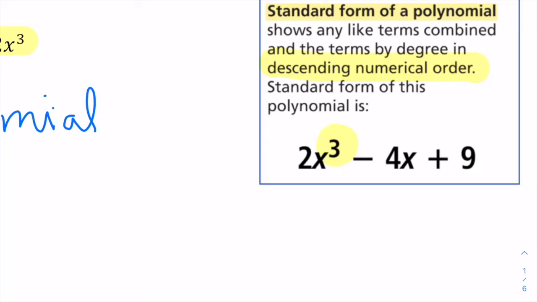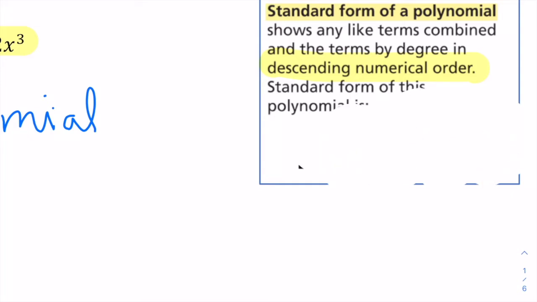And then we'll write minus 4x because that's just x to the 1. And then our constant will be last because really that's x to the 0. So we can tell that we're going by degree in descending order: 3, 1, 0.